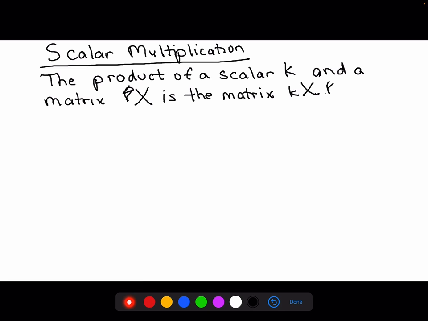So each element is k times the corresponding element of X.